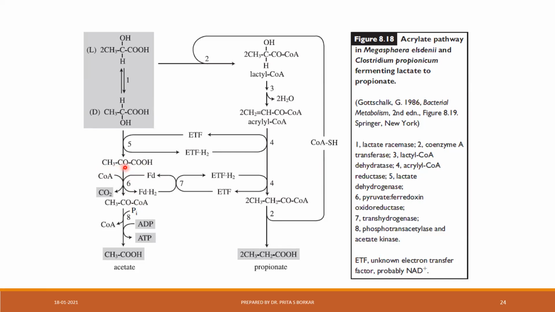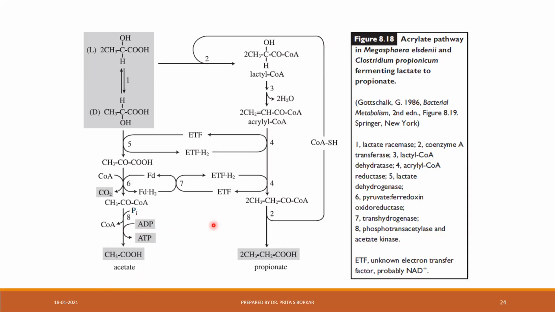So pyruvate, in presence of enzyme pyruvate ferredoxin oxidoreductase, you will get acetyl CoA, and this acetyl CoA then gets reduced as the Pi is removed, CoA is eliminated in presence of phosphotransacetylase and acetate kinase, in presence of the eighth enzyme, and you will get acetate.